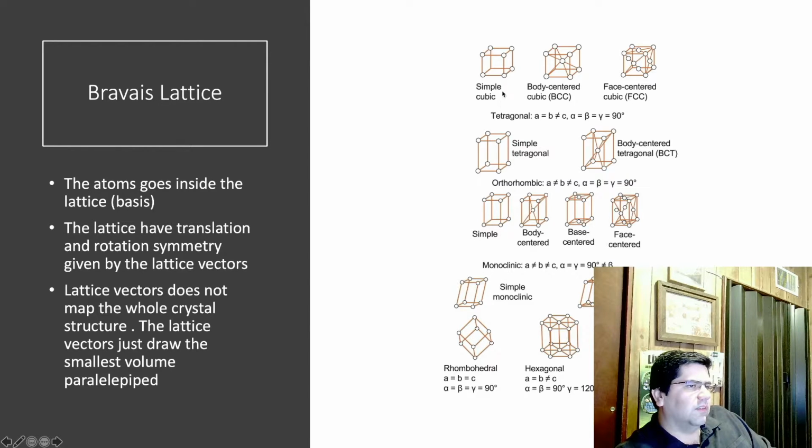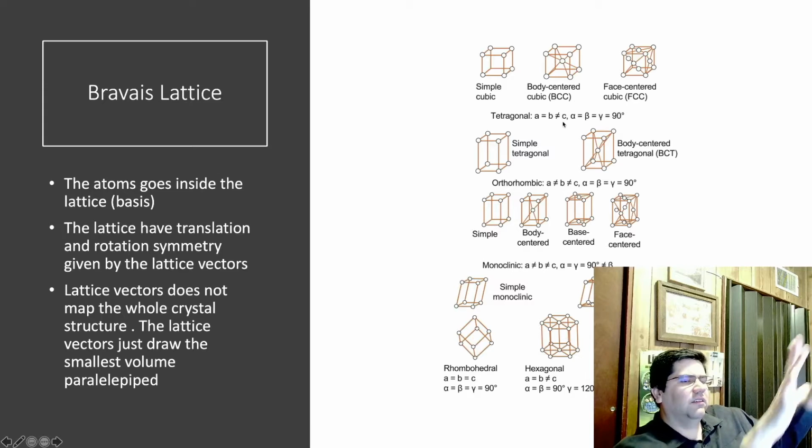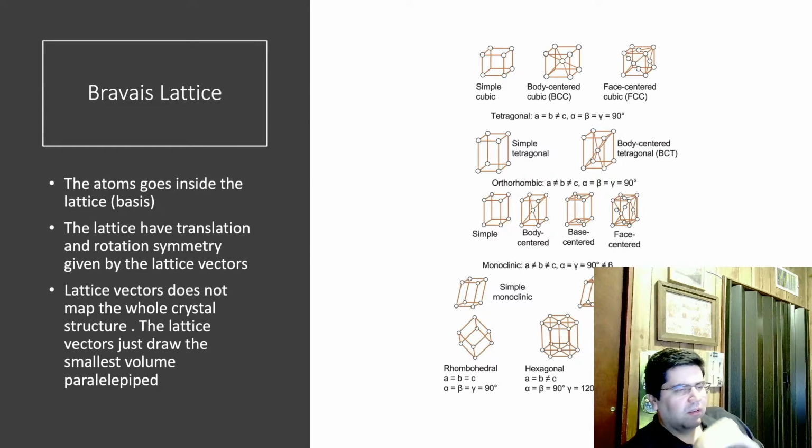Because the simple cubic and the tetragonal are very similar, the only difference is in the length of the box. In a simple cubic, all the lengths are the same, but in the tetragonal, A is equal to B, but B is not equal to C, so you don't have the same length on all sides, but the angles always make 90 degrees like in a simple cubic.